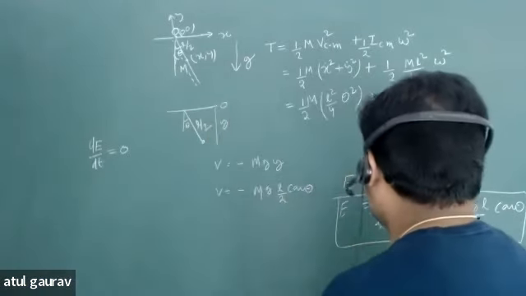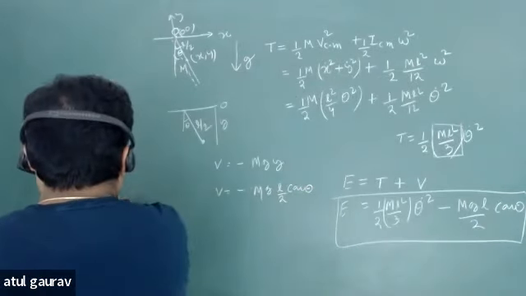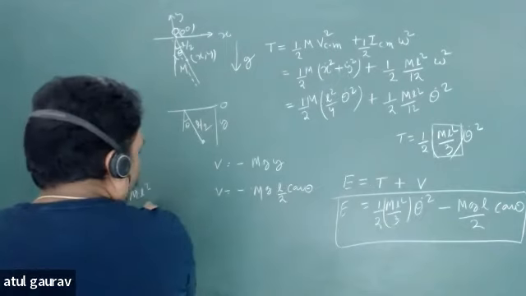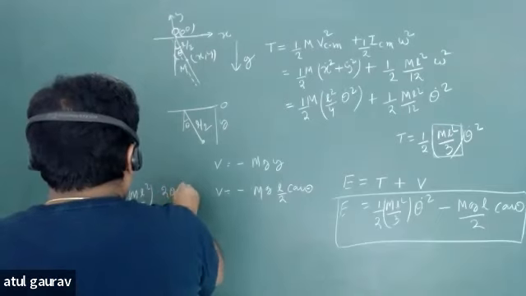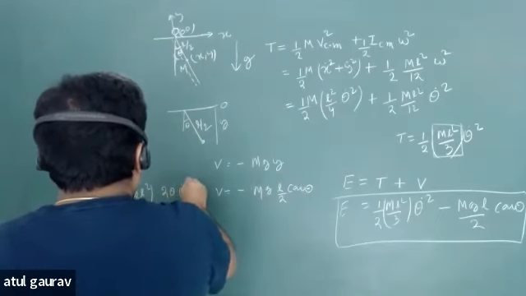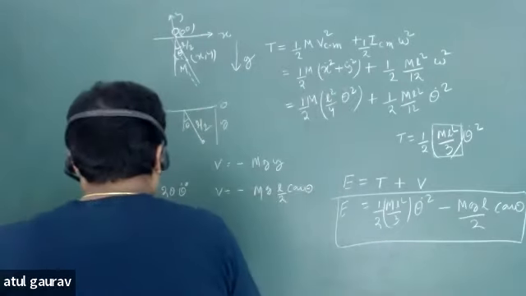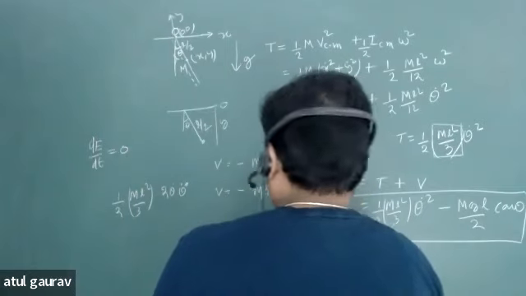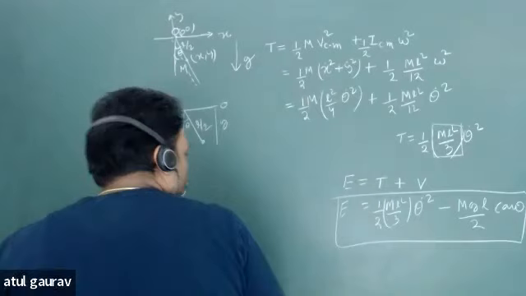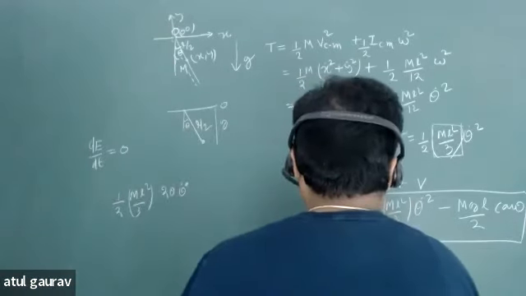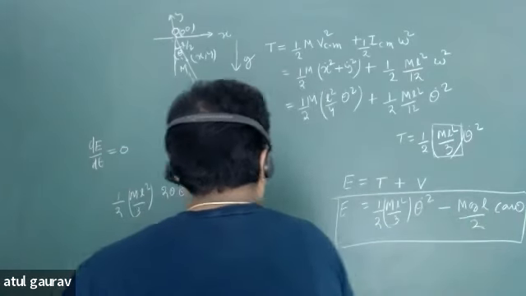If I do the calculation, what will happen, just see. Half ml square by 3 into 2 theta dot theta double dot, right? Yes or no? Yes, sir. We are just differentiating with respect to time. And what will this be? If you differentiate cos theta, what will happen? Sin theta.